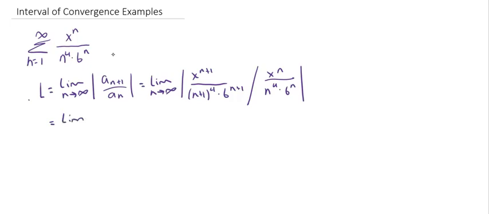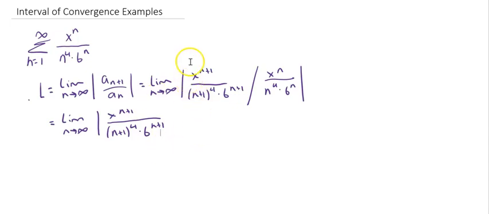I'm going to come down here. That's equal to the limit as n goes to infinity of absolute value. I'm going to copy, dot, flip. I'm going to break this down into maybe more steps than you necessarily need, but hopefully that should be nice and clear. So I get x to the n plus 1 all over parentheses n plus 1 to the fourth times 6 to the n plus 1.